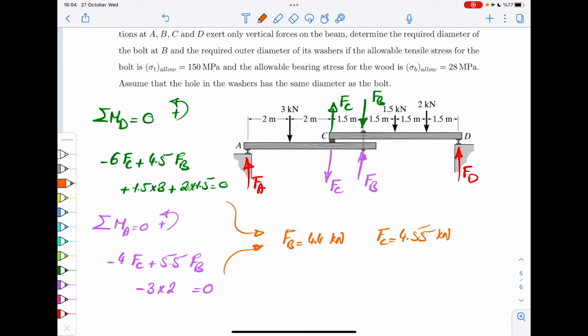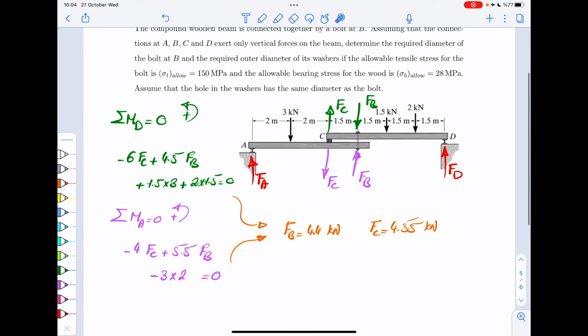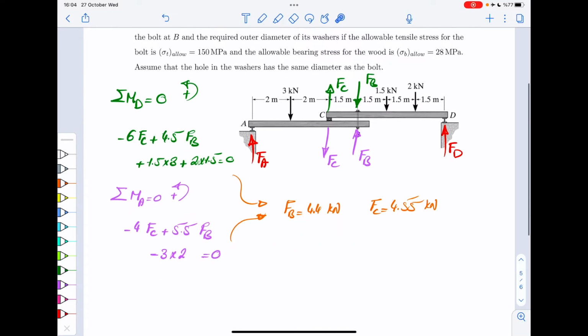Again, FC is not really that important here, but what we want to do now is to use that FB to analyze our little bolt and washer system. So now you can imagine the bolt itself would be basically under that much force. So that will be the inner force of B.